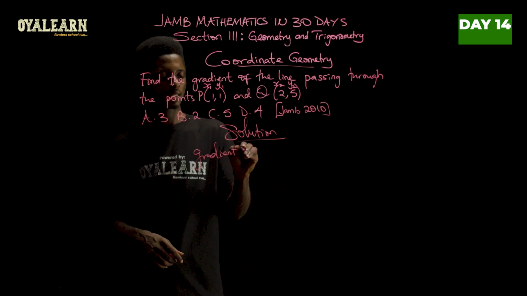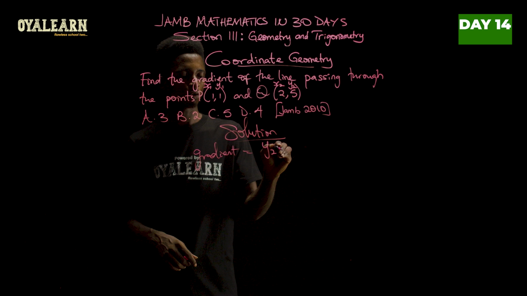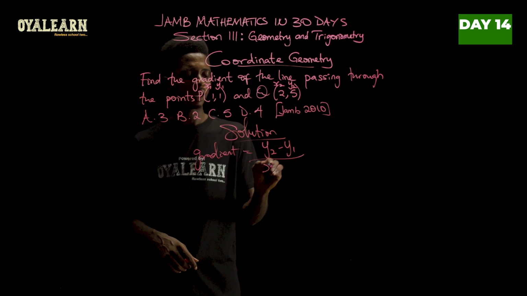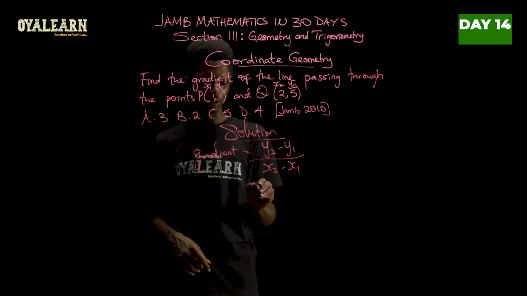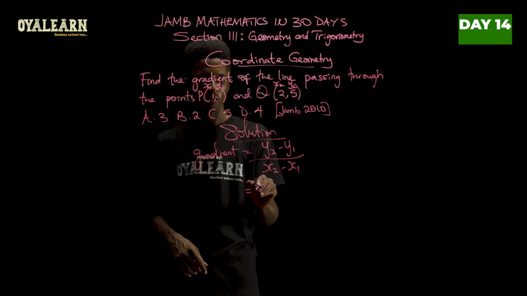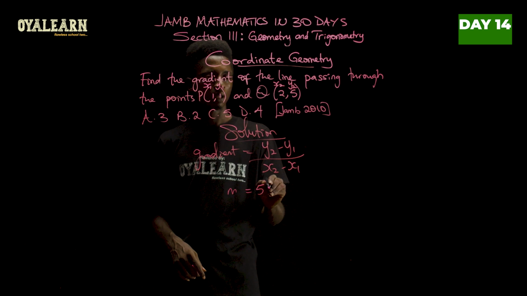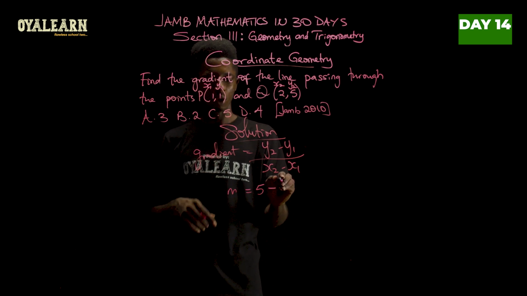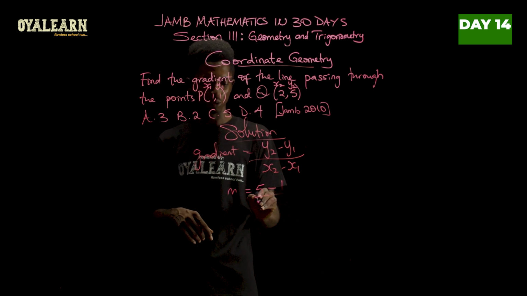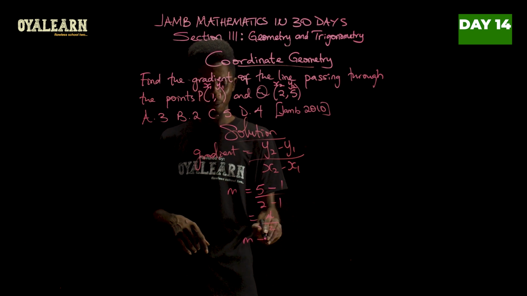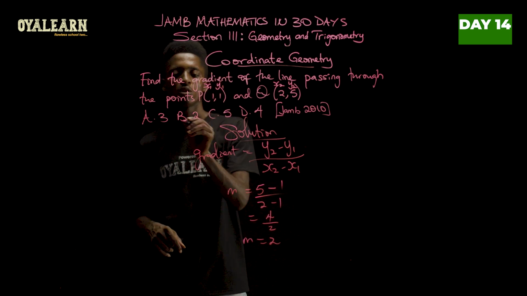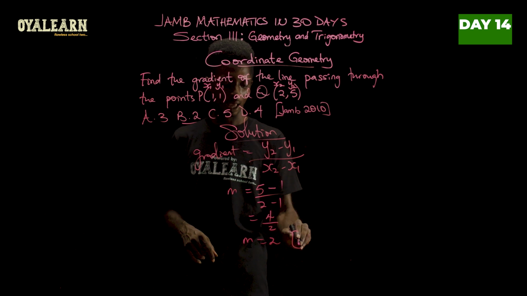So, gradient equals y2 minus y1 over x2 minus x1. Now, y2 gives us 5 minus y1, which is 1, over x2, which is 2, minus x1, which is 1. This would give us 4 over 2. Therefore, m equals 2. Correct answer is B.